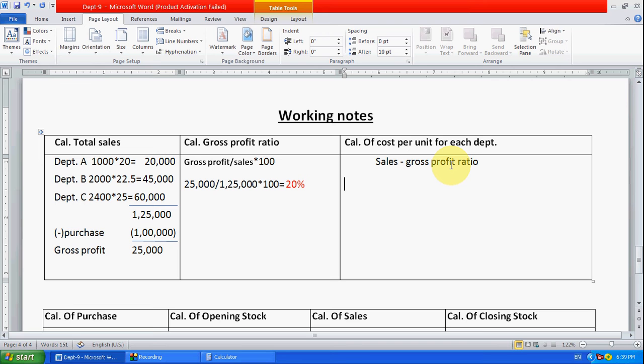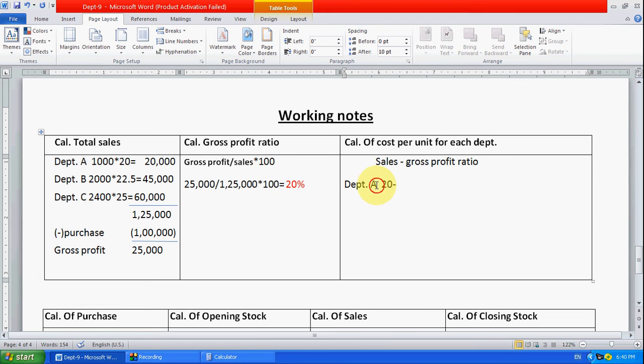Right here department A. For department A, sales how much? See here, sales price is 20. So right here 20 minus gross profit ratio. Gross profit ratio is 20.